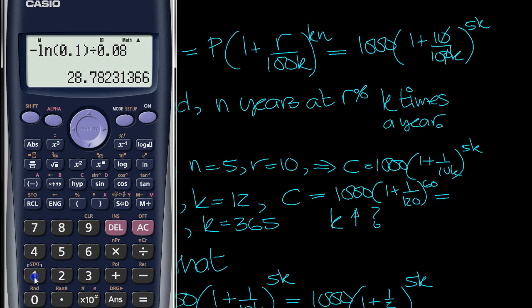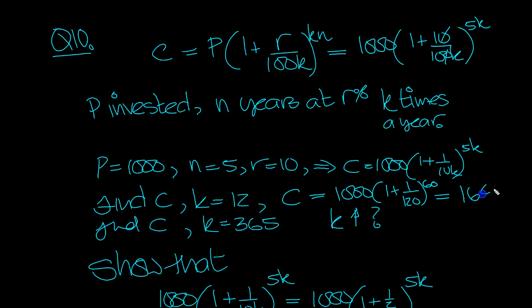So 1000 times bracket 1 plus 1 divided by 120 bracket power 60. 1645.31. Okay, so that's that one then.